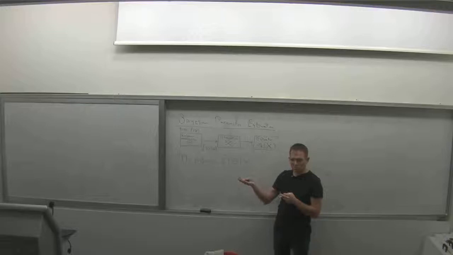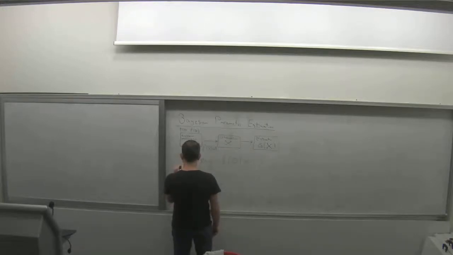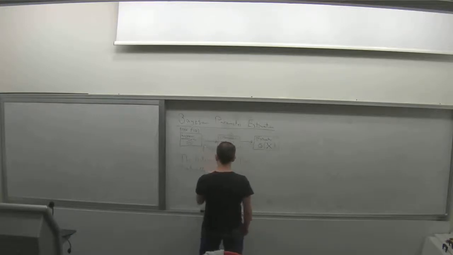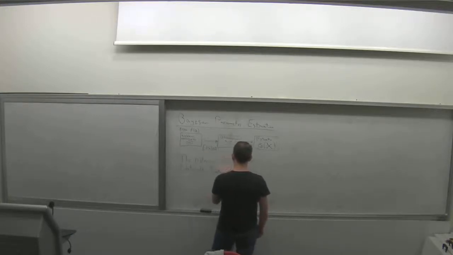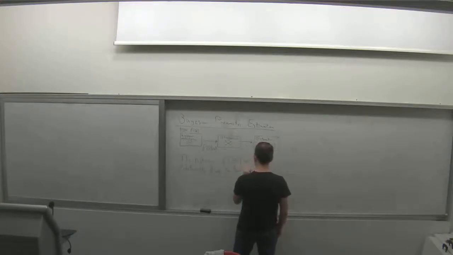One is to take its expectation, to take the expected value of theta under this. And the other is to take the theta that maximizes this. So this naturally leads to two estimators.